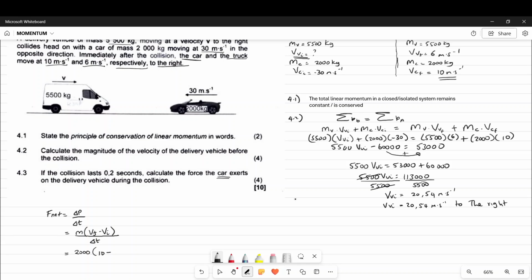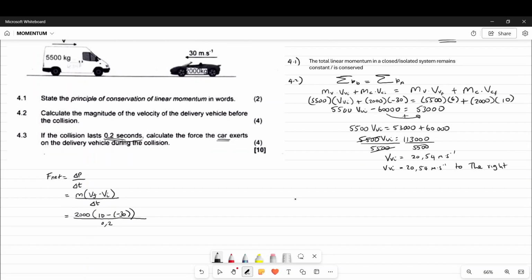So 10 minus open brackets negative 30, because that was the initial, all over change in time. They told us it lasted 0,2 seconds, so we write 0,2 seconds here.